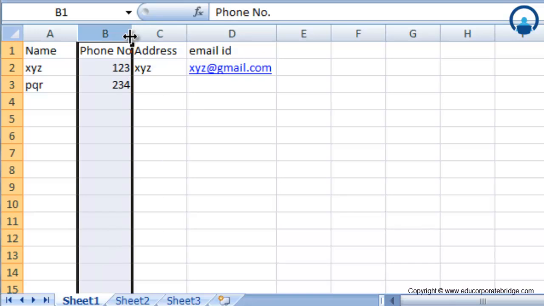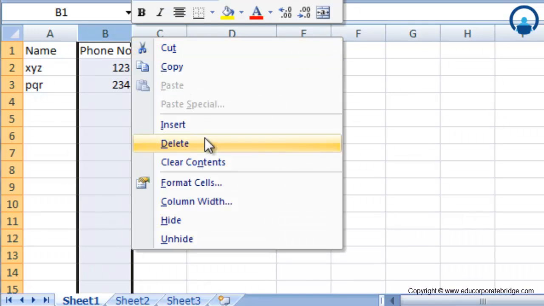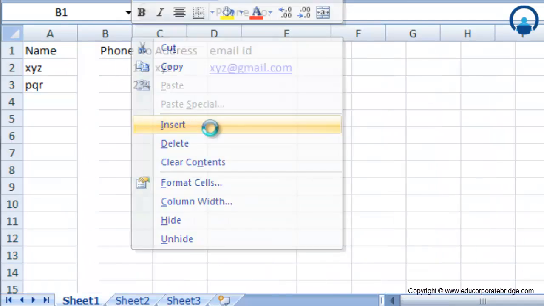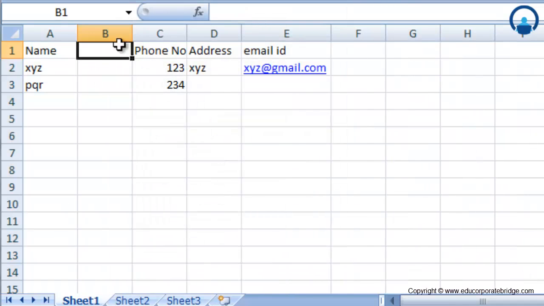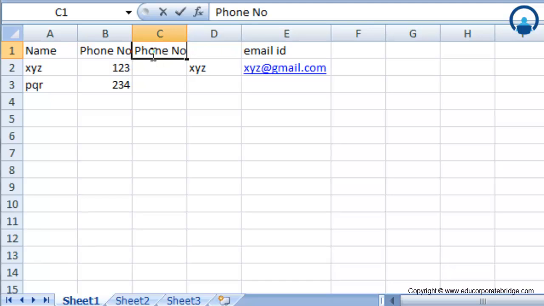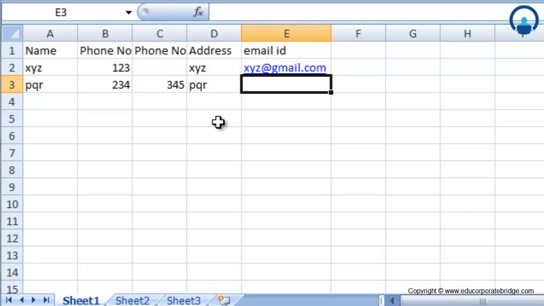Now ideally, if I'm supposed to design this in SQL, what I would do is insert another column here, and make another column, phone number 1, and add 345, his second phone number, maybe the address is the same again, and the email ID.